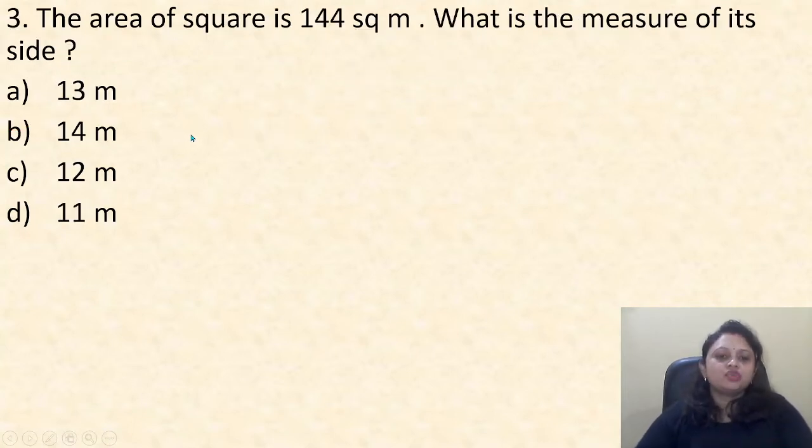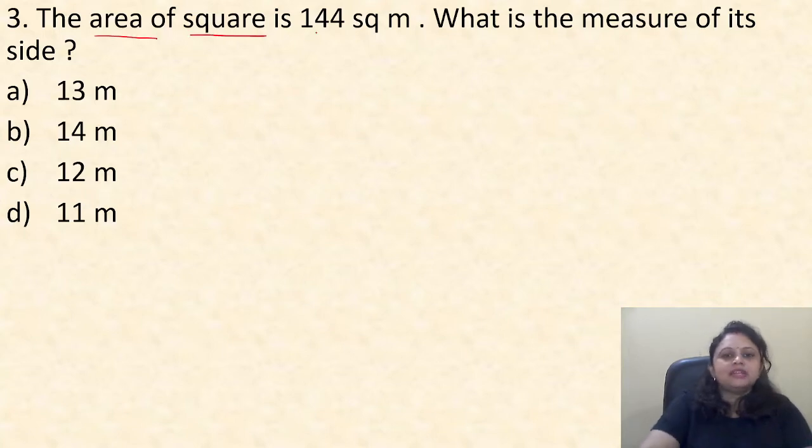The area of a square is 144 square meter. What is the measure of its side? Option A, 13 meter, B, 14 meter, C, 12 meter, D, 11 meter. So in the question it is given the area of a square is 144 square meter. We have to measure its side. So what is the formula for area of a square?